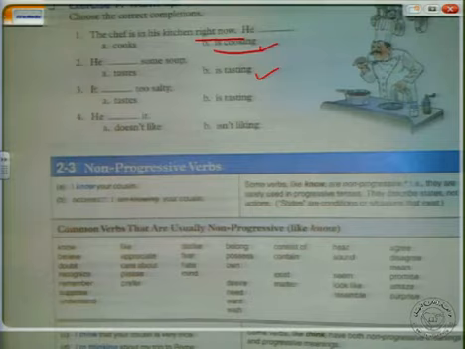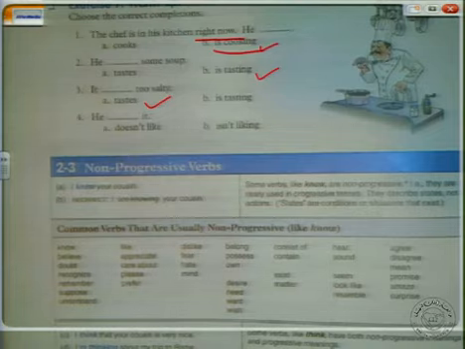it tastes too salty, or it is tasting too salty. Well, when we say it tastes too salty, this means this is a fact. The soup is salty, has a lot of salt in it, and this is a fact. So it tastes too salty. This is the correct answer.